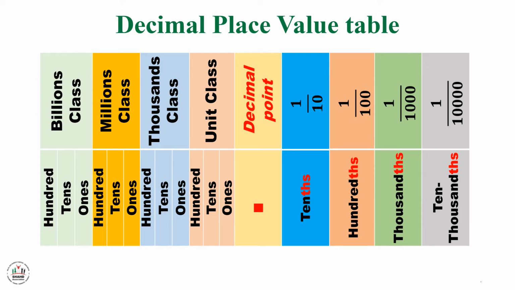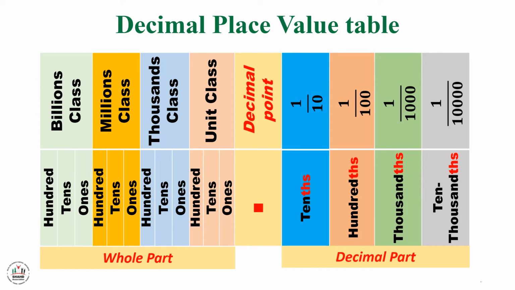So tenth, hundredth, thousandth, 10,000th. This part is called the whole part, while this part is called the decimal part.